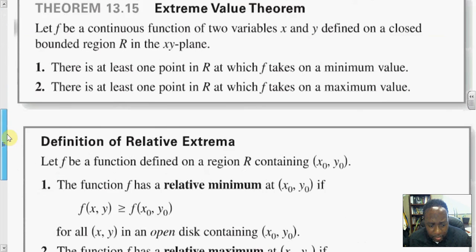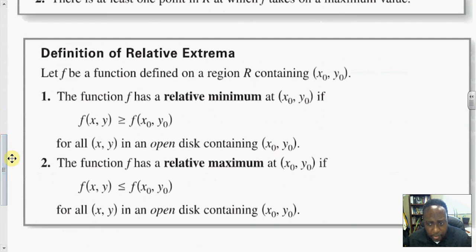We define the relative extrema for a function of two variables. Say f is a function defined in some region R containing some point x naught, y naught. Then we say that f of x naught, y naught is a relative minimum if it is less than or equal to all the function values within that particular region.